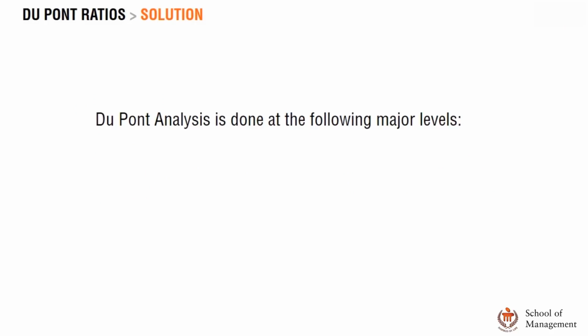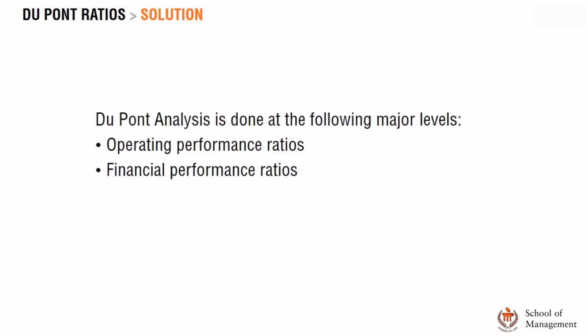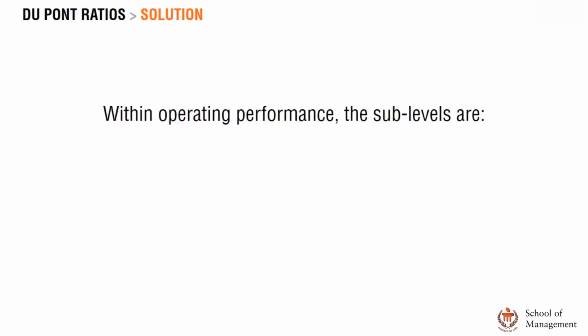The two major levels, therefore, in a DuPont analysis are to carve out and study the operating performance ratios and the financial performance ratios. And within the operating performance ratios, there are three sub-levels at which the analysis is further done.